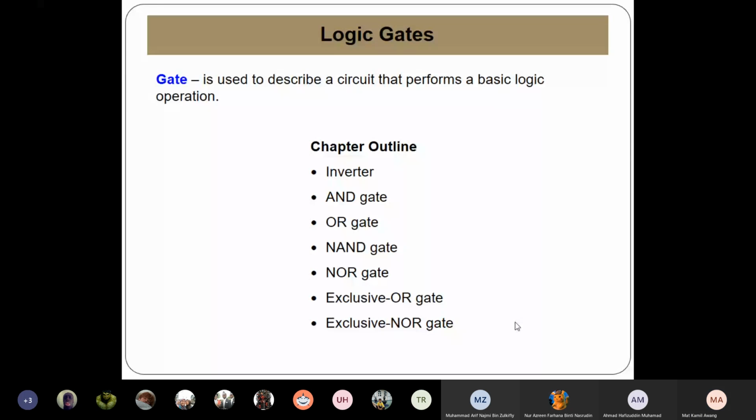OR is to add 2 bits: 1 1, 1 0, 0 1, 0 0. NAND is AND plus an inverter. NOR is an OR with an inverter. Exclusive OR and exclusive NOR are a bit more complex.